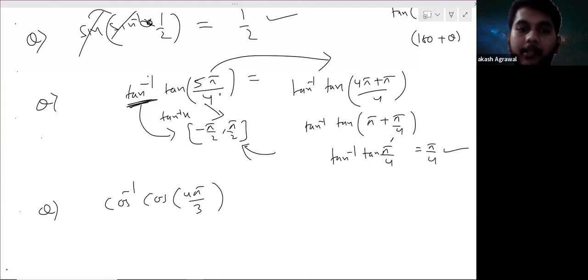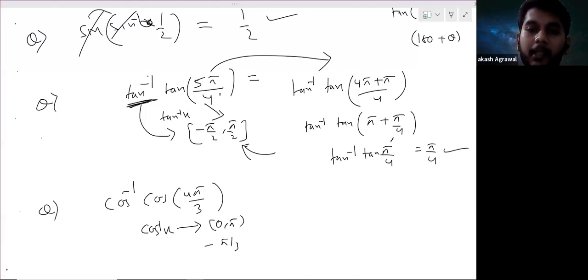Cos inverse x का रेंज क्या होता है? 0 to π. So does minus π/3 lie between 0 to π? No. So think again.